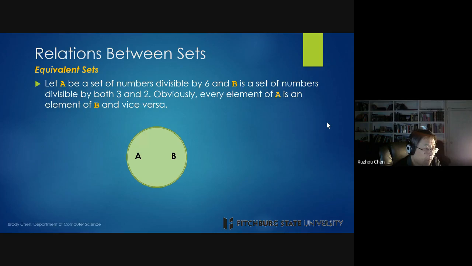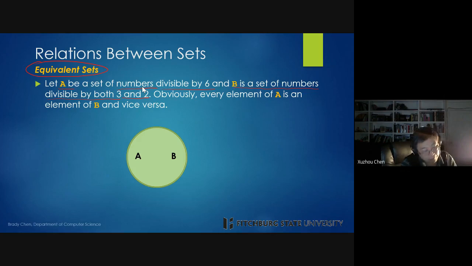And now the next relationship is called equivalent set. So equivalent set is basically, let A be a set of numbers divisible by 6, and B is a set of numbers divisible by both 3 and 2.